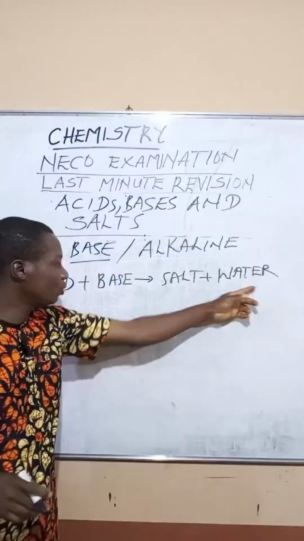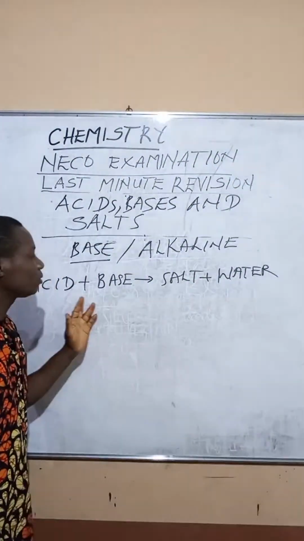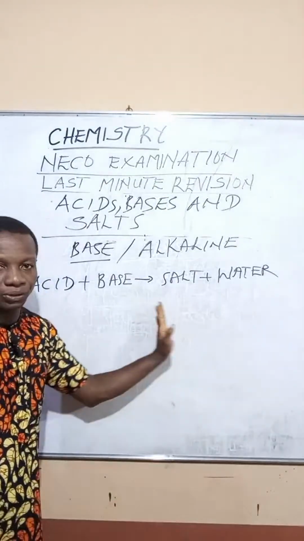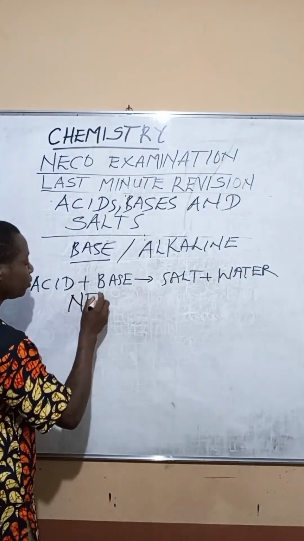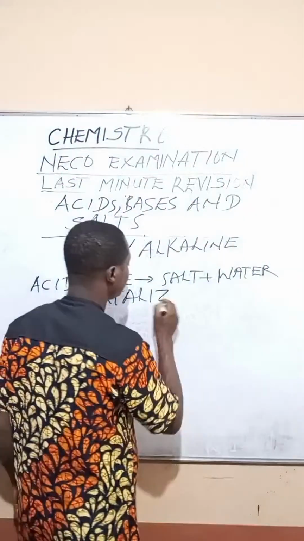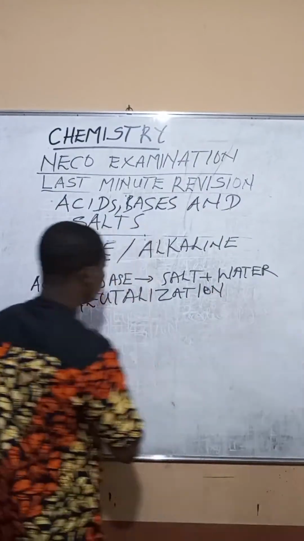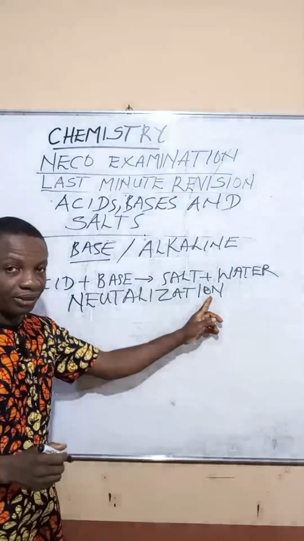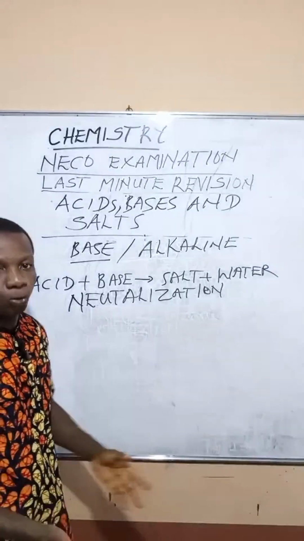If you get a reaction that gives you something else, it means that it is not a neutralization reaction anymore. So what is a neutralization reaction? You may be asked this question too. A neutralization reaction is a reaction between an acid and a base to produce salt and water only.